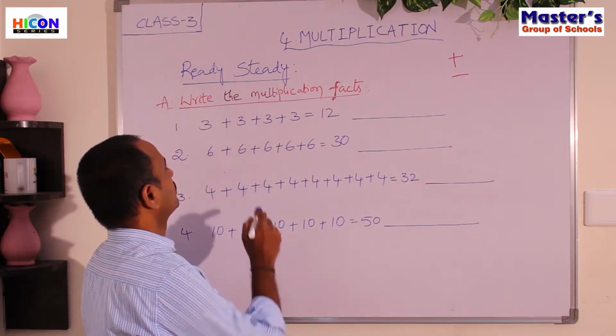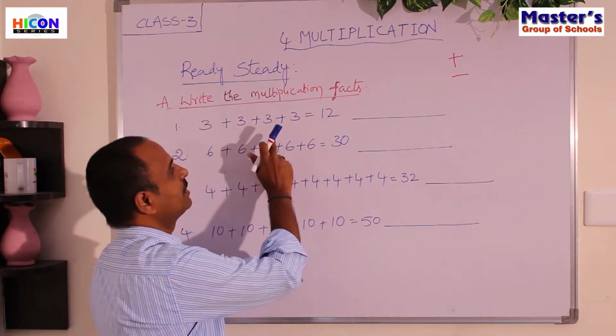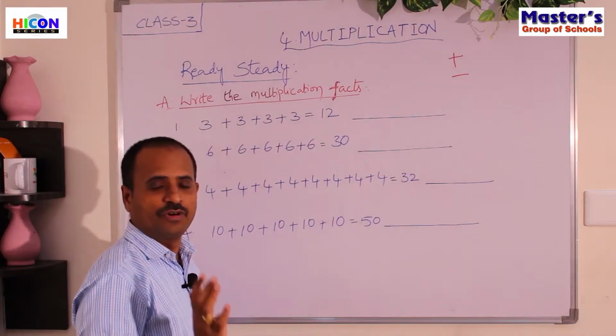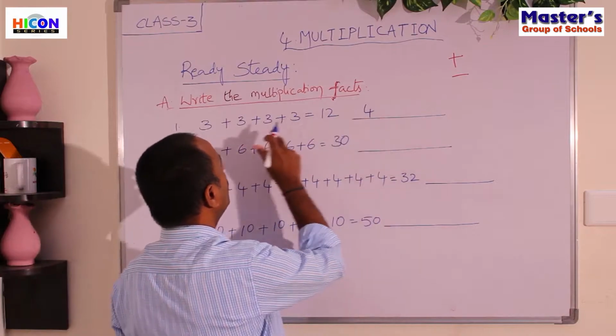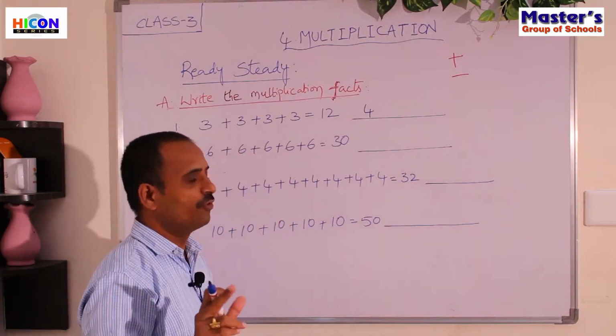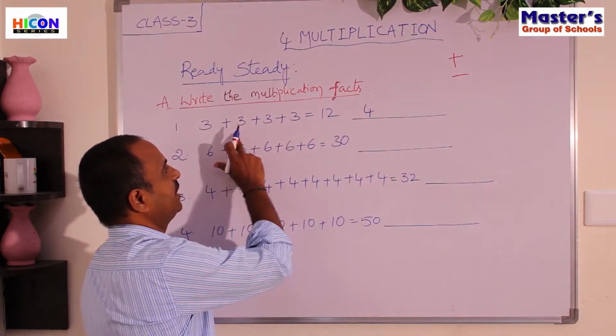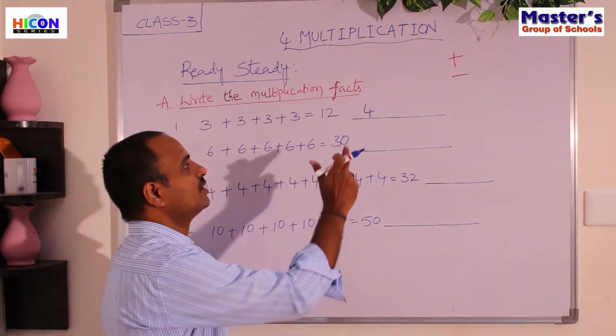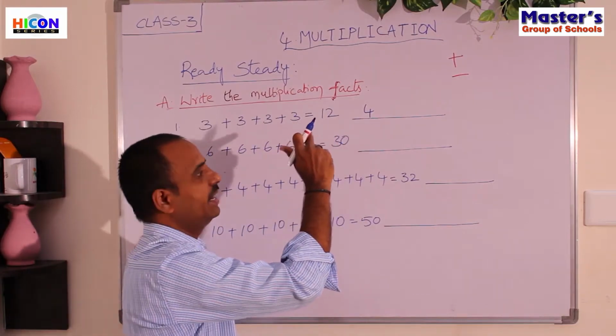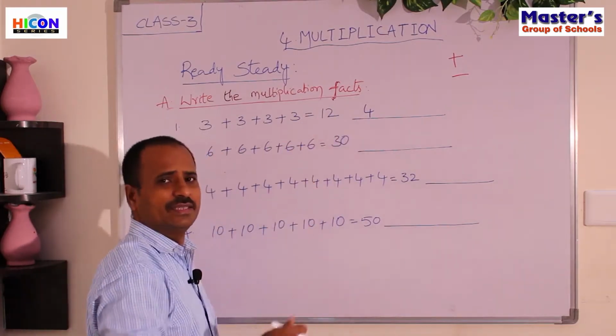See here, 3 plus 3 plus 3 plus 3. The number is repeated 4 times. So first write the number 4. That means how many 3's are there? 4 3's are there. How many times is the number 3 repeated? 4 times. So write the number 4. And next, which number is repeated?